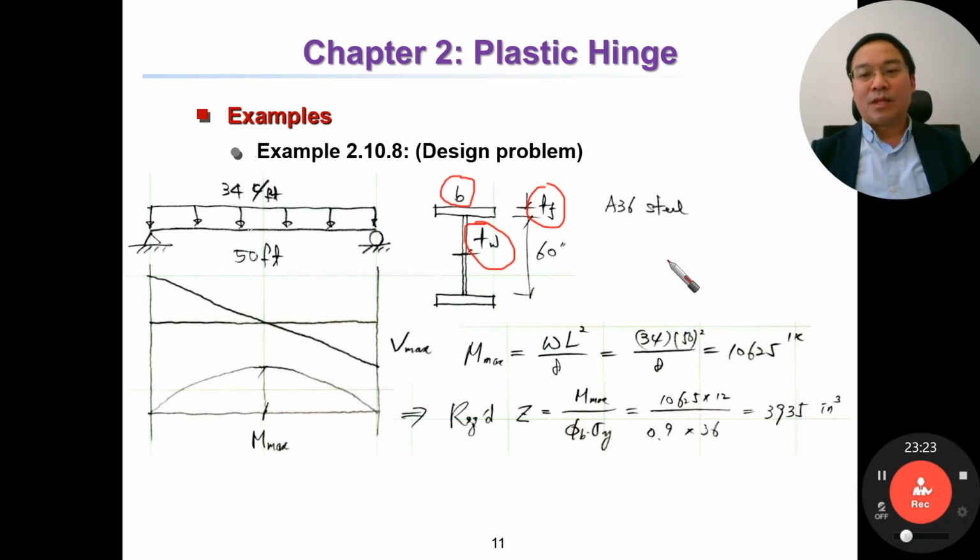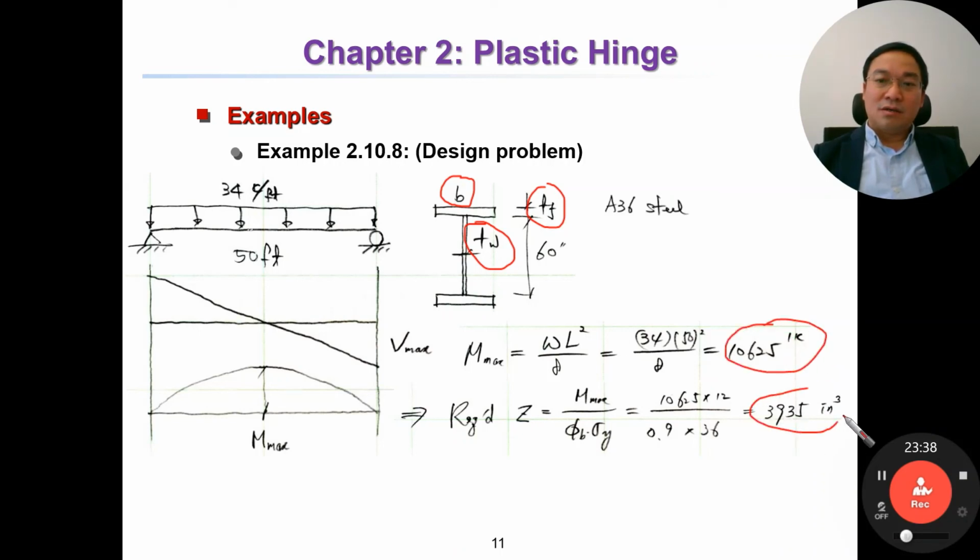So let me make a conclusion. From now on, when you design or analyze a section, do not only consider the strength of the section, but the compactness or local buckling of the section should also be checked.